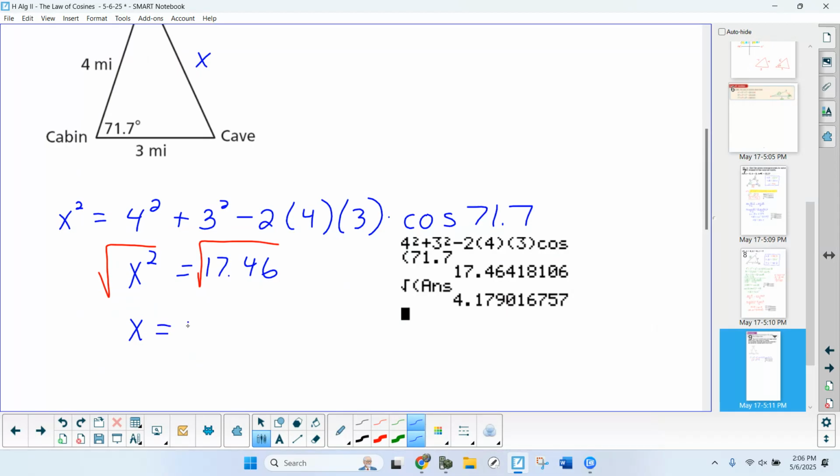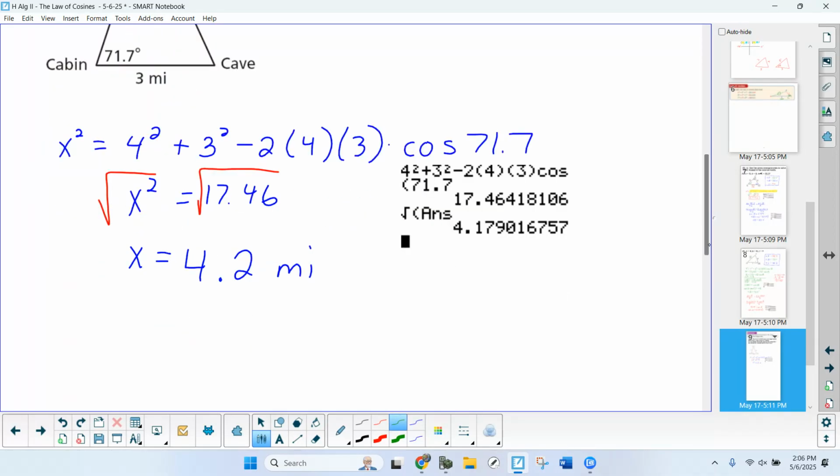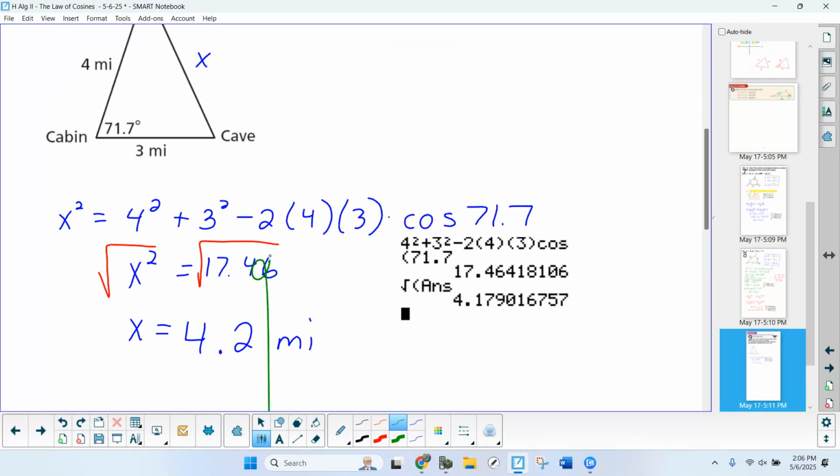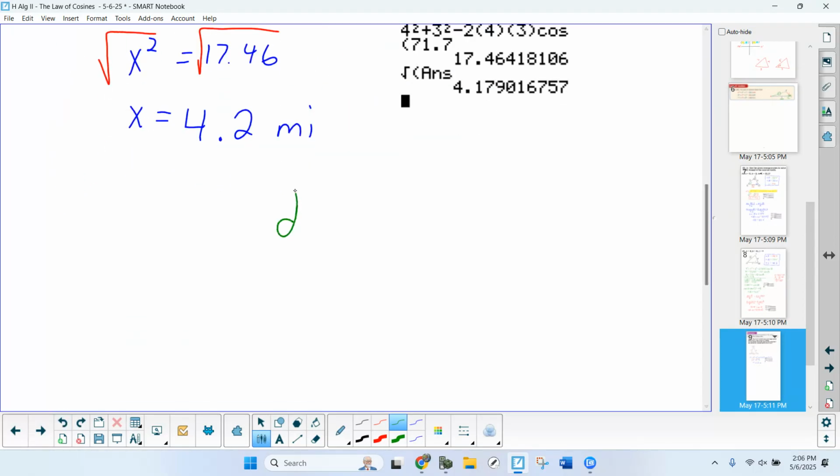Now be careful. That's the distance. What did they ask me for? Time. Hey, what's the distance formula that you guys learned a freshman year? Distance equals rate times time. How would you solve for time?